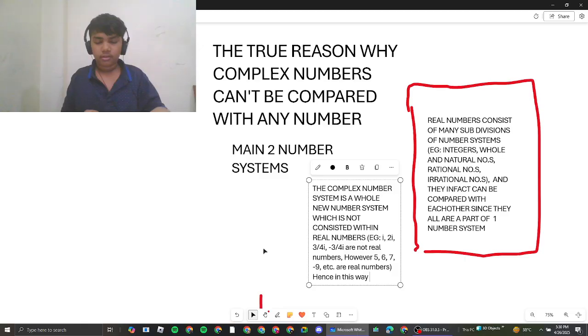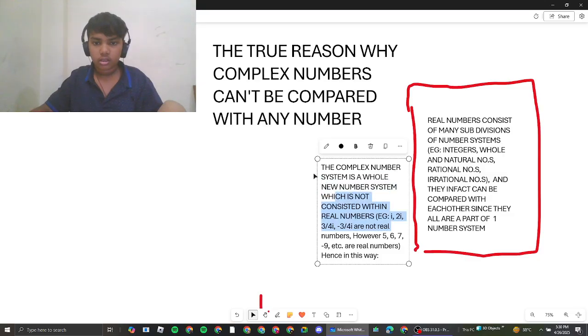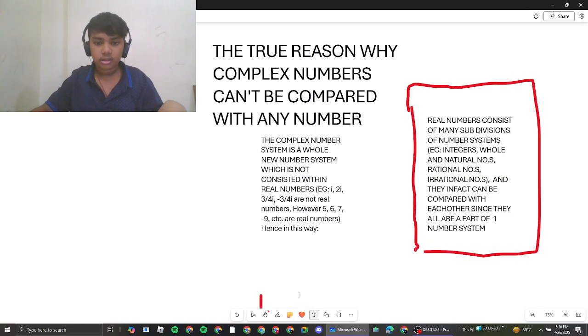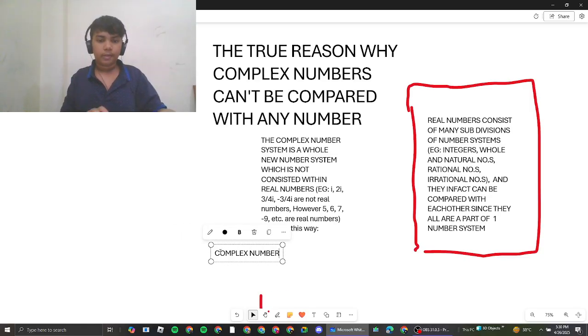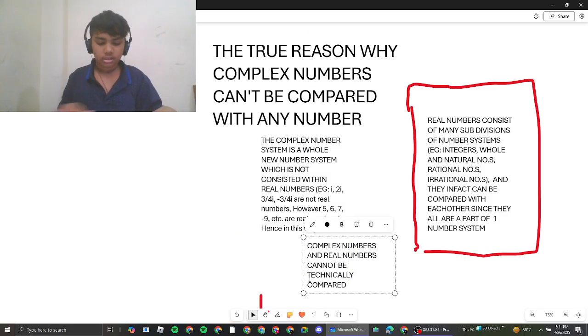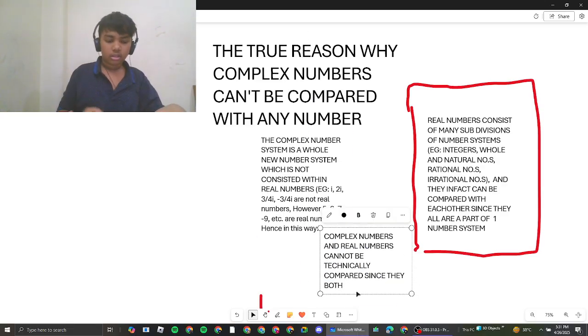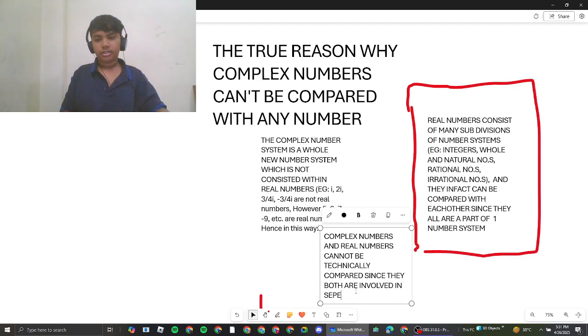Hence, in this way, complex numbers and real numbers cannot technically be compared since they both are involved in separate number systems.